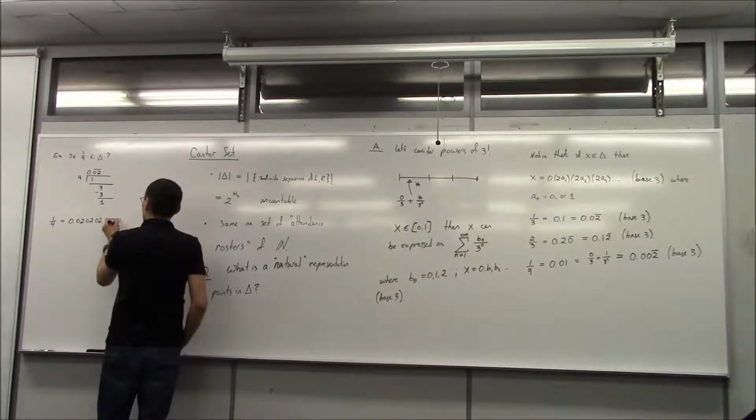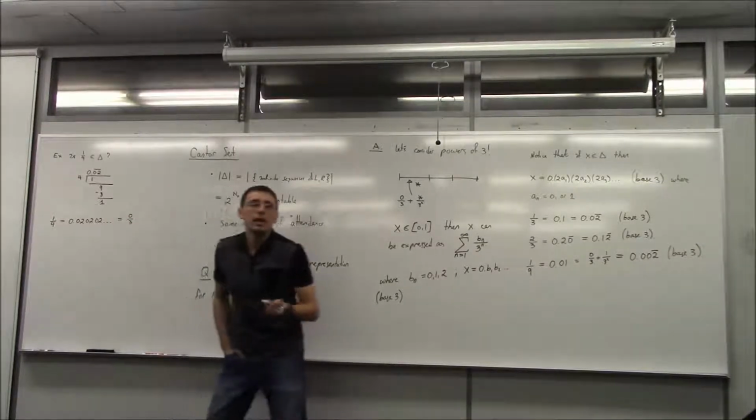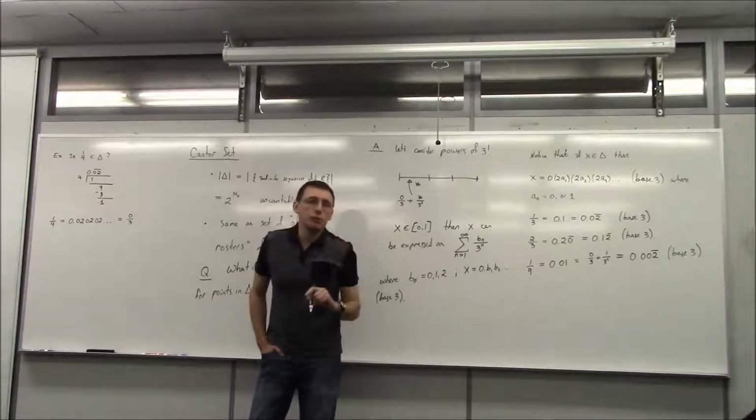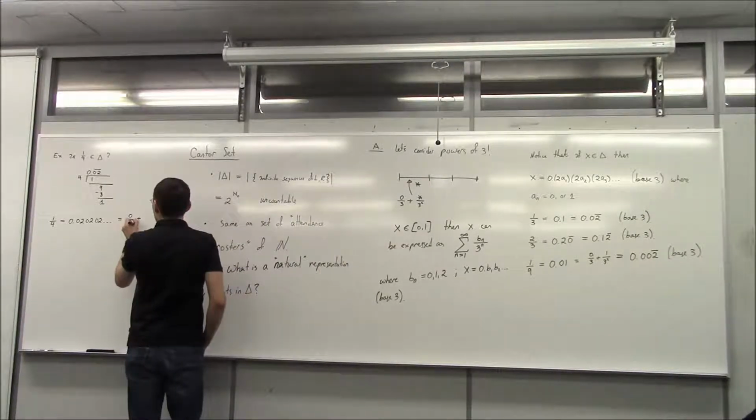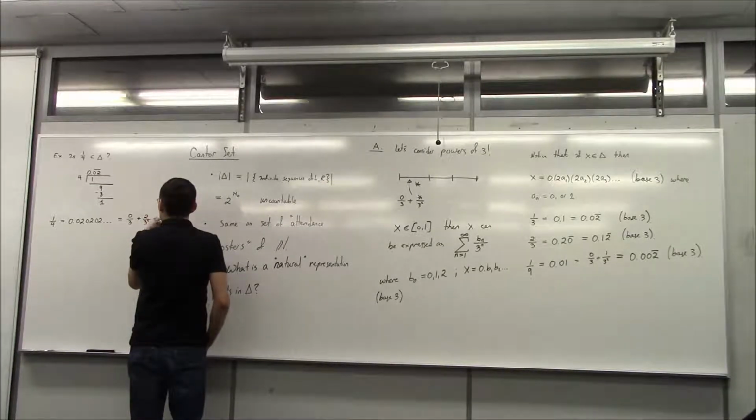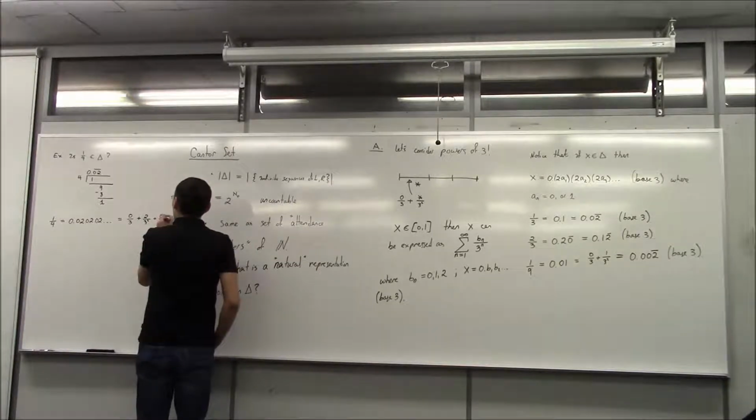So in other words, what I'm claiming is 1/4 is 0 divided by 3. Clearly, if I move 1/3, I move too far; 1/4 is smaller. So I move by 0 of a third plus 2 over 3 squared plus 0 over 3 cubed plus 2 over 3 to the power of 4 and onwards.